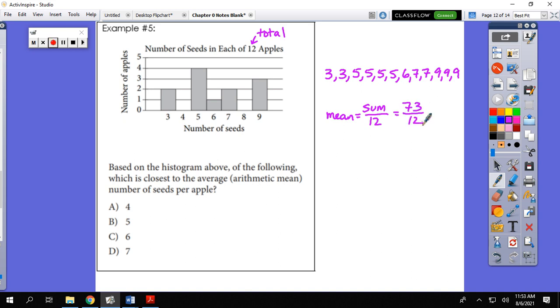So 73 divided by 12 is 6.083 repeating. Okay? So our mean is just over 6, meaning that the answer to the question is 6, which is the closest. So that is what we should need to do there.